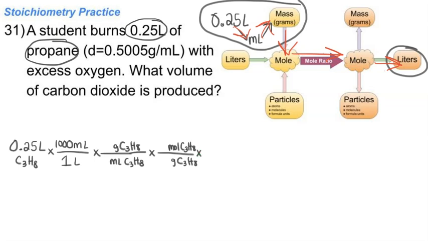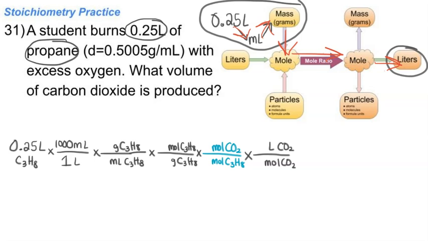Then we have our mole to mole step, so our moles of C3H8 to moles of our new substance, which in this case is carbon dioxide, CO2. Then we have our final step, which is our moles of CO2 to liters of CO2. So it's a whole bunch of steps here, but not too bad.